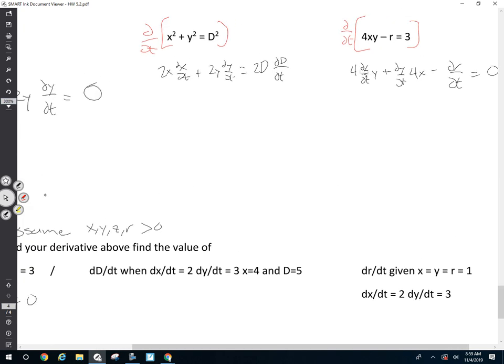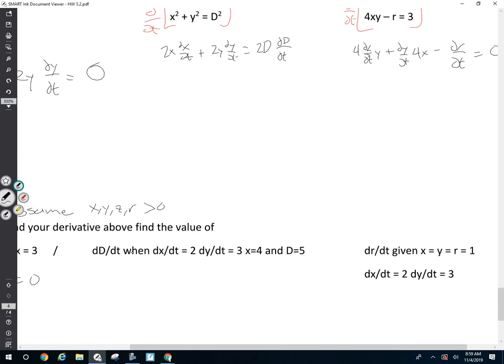Okay, find dd/dt, and dx/dt is 2, x is 4, d is 5. I don't know what y is, dy/dt is 3.